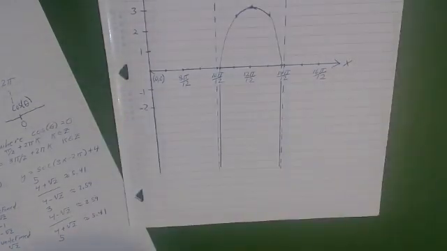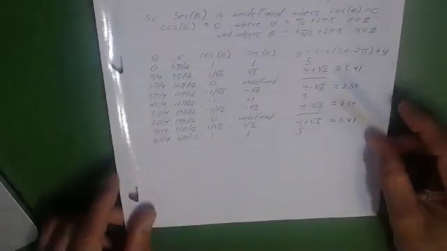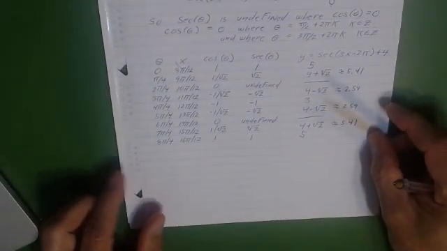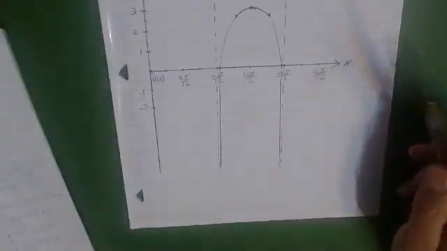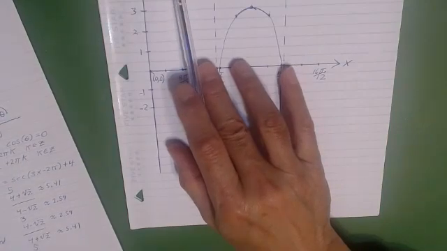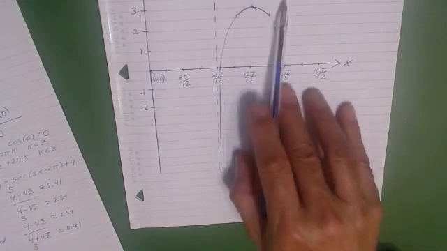So we don't really use the amplitude in the same way, or the standard form in the same way. Anyway, that wraps it up for this problem 20. Graph one cycle and state its period, and we state the period here. So when we go through one cycle, x goes from here to here. So that's the period.